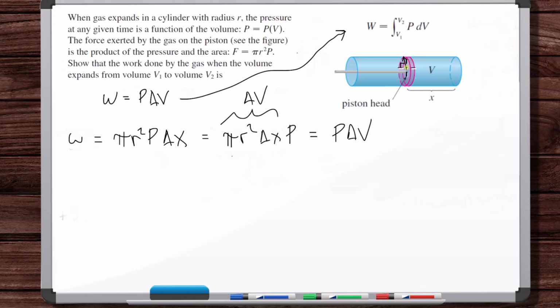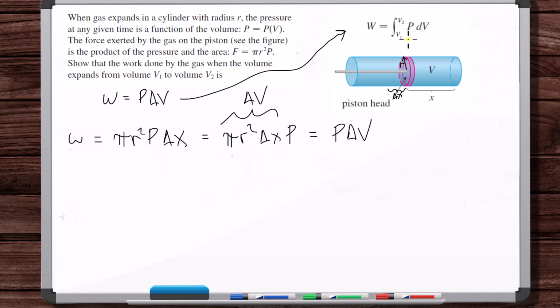However, from an integration standpoint, if we break the process down into pieces, and the delta V's are really small, as it's going from X to X plus delta X, then we can assume for each little delta V, the pressure is constant.